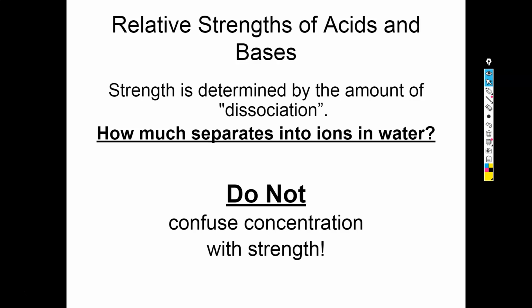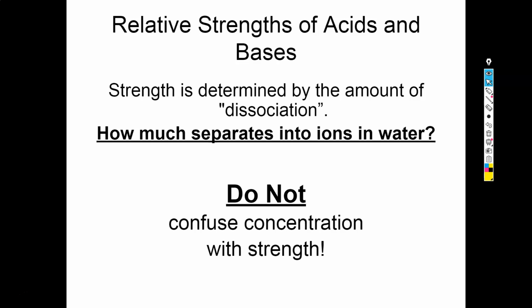We also need to define what is actually happening in terms of how strong these acids are. Are they going to eat through our skin? You need to understand that we have two different terminologies. When we are talking about the concentration of an acid, we are literally talking about an acid that has the power to eat through clothing and skin and so forth.